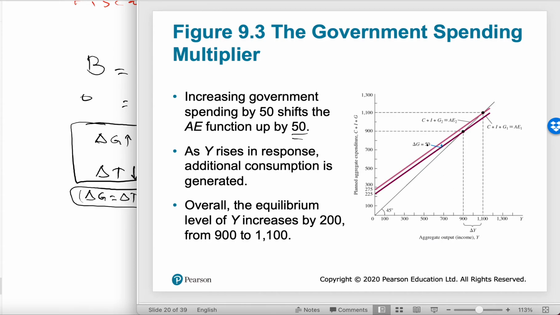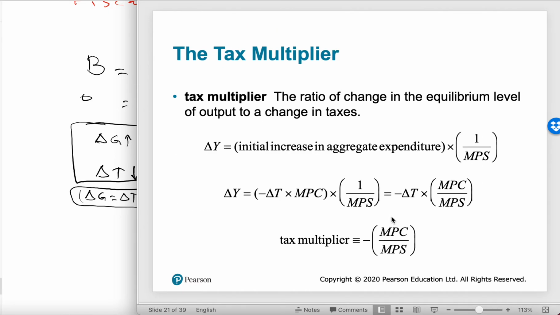So only a $50 million increase in government spending increases the GDP by $200 million. So that's also the way that you can show it with the 45-degree line and the graphical presentation. And the equation way also you can do it.